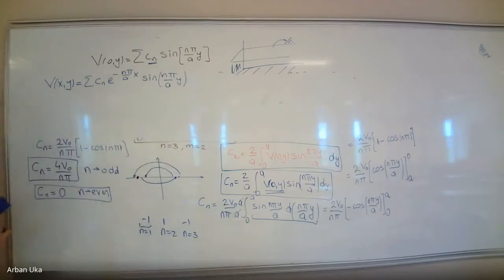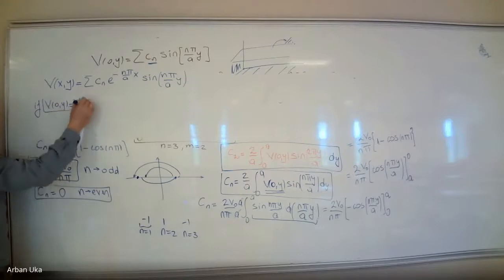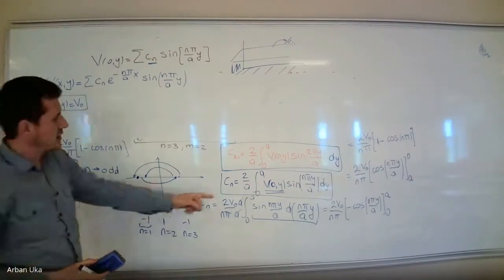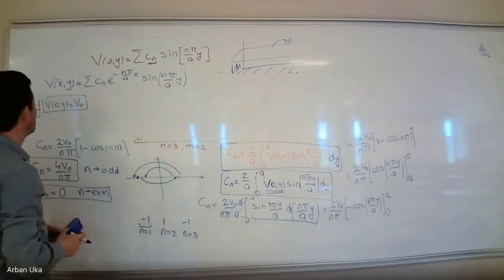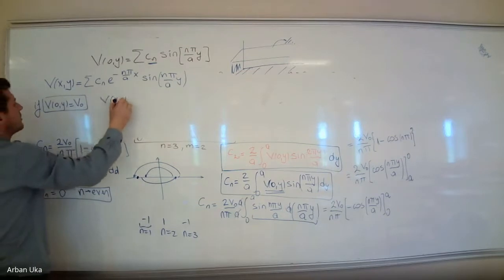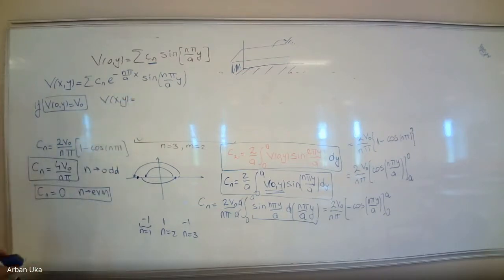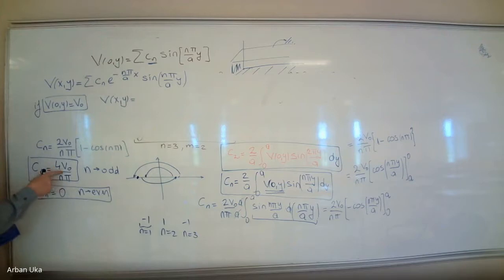Then we assume that if v0 of y is equal to a constant value v0, that means that this integral would be a relatively simple expression. So this v0 will get out, and then in that case, the potential as a function of x and y would be equal to Cn, which would be equal to 4v0, and 4v0 is constant. Divided by pi, it is also a constant.